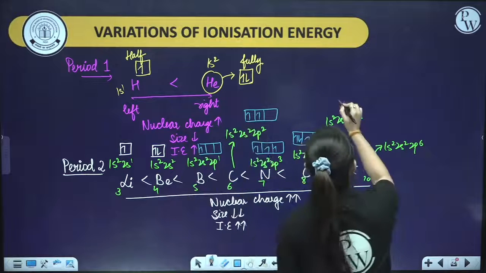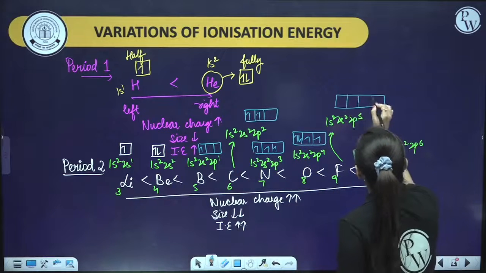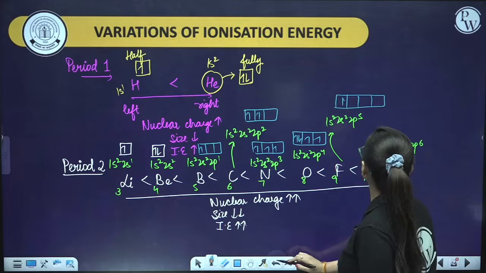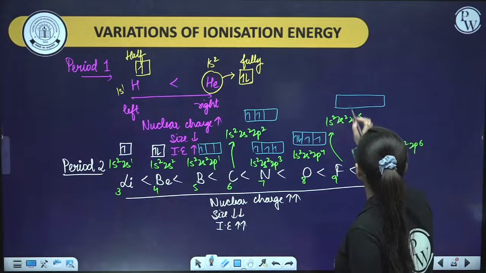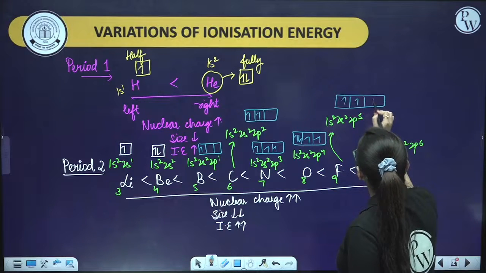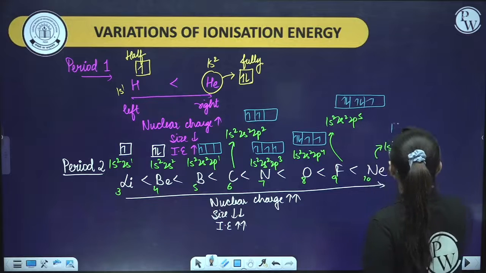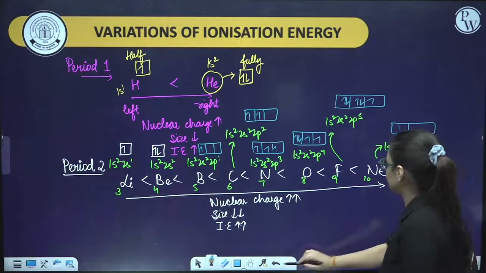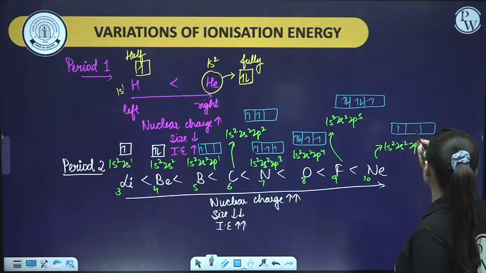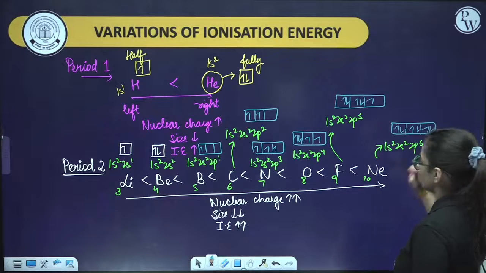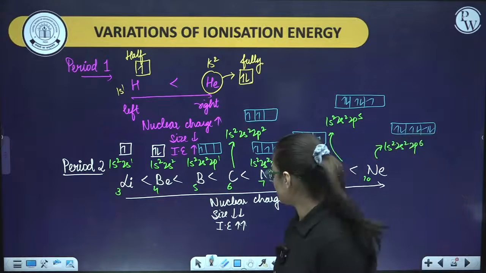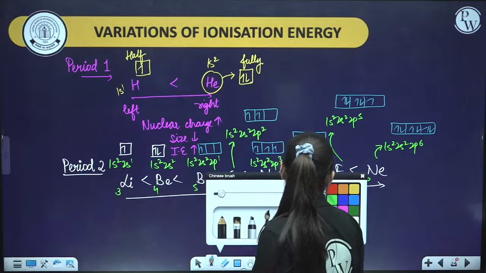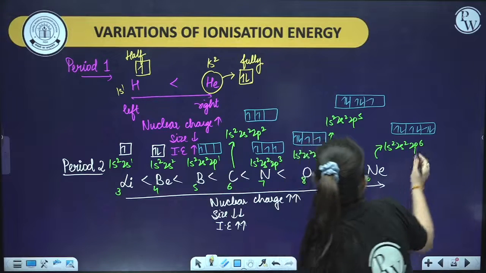Over here in P it has 5 electrons. P basically has 3 orbitals, no? So 1, 2, 3, 4 and 5. Over here it has 6 electrons: 1, 2, 3, 4, 5 and 6. Which of them are completely filled and partially filled? Just write it with the yellow one. See, this is fully filled.